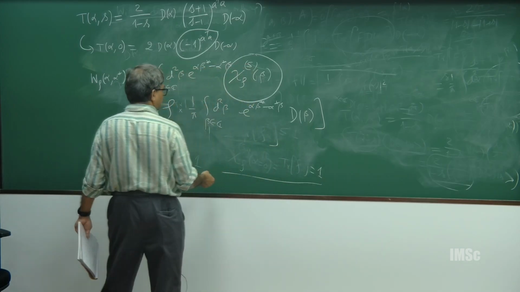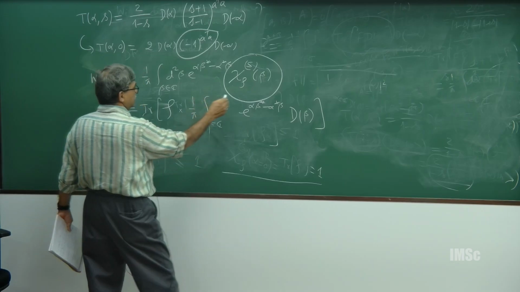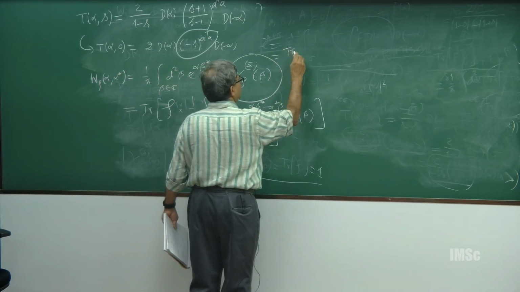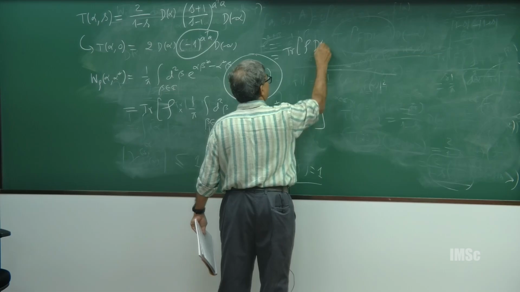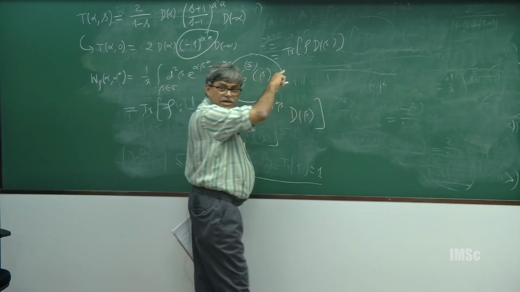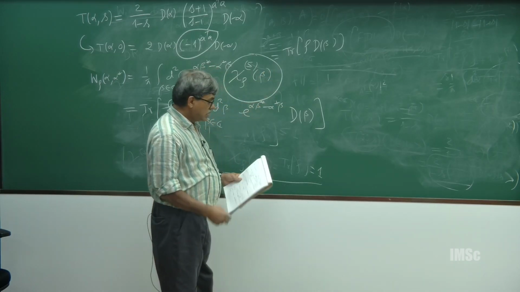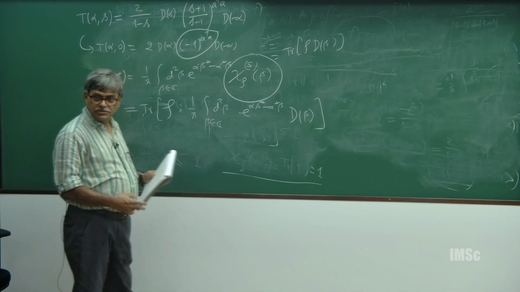Because this is your trace of rho D of beta, isn't it? Was that not the case for this characteristic function? So, you just use that here.